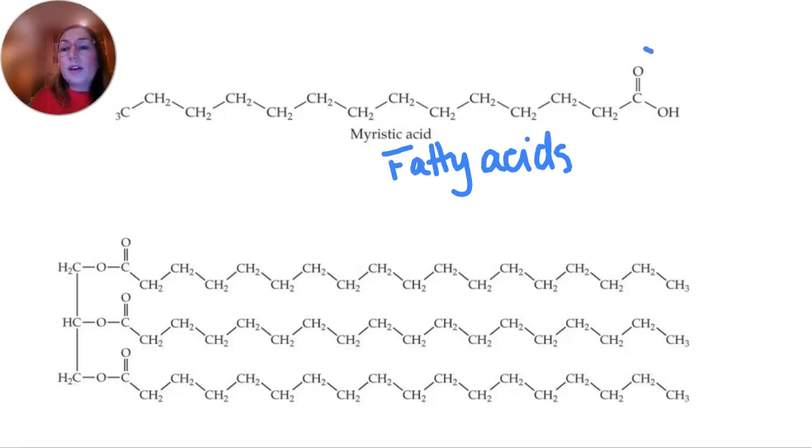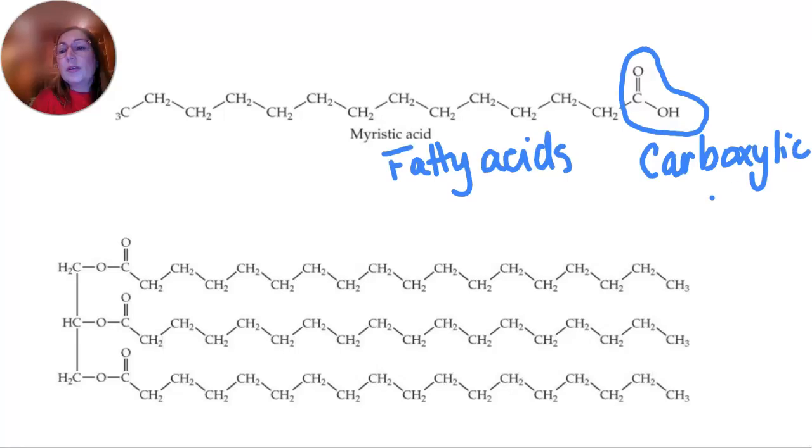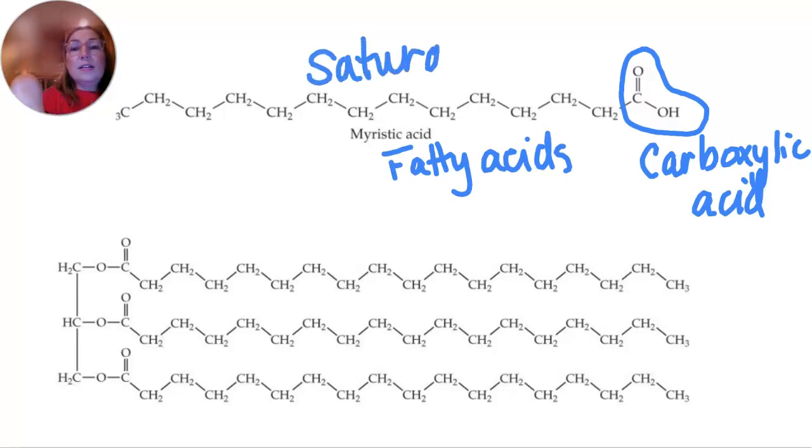We recognize a fatty acid from its C double bond O and its OH, the carboxylic acid group. And this one is entirely saturated because it doesn't have any double bonds. If we count the carbons, it's got 1, 2, 3, 4, 5, 6, 7, 8, 9, 10, 11, 12, 13, 14 carbons.